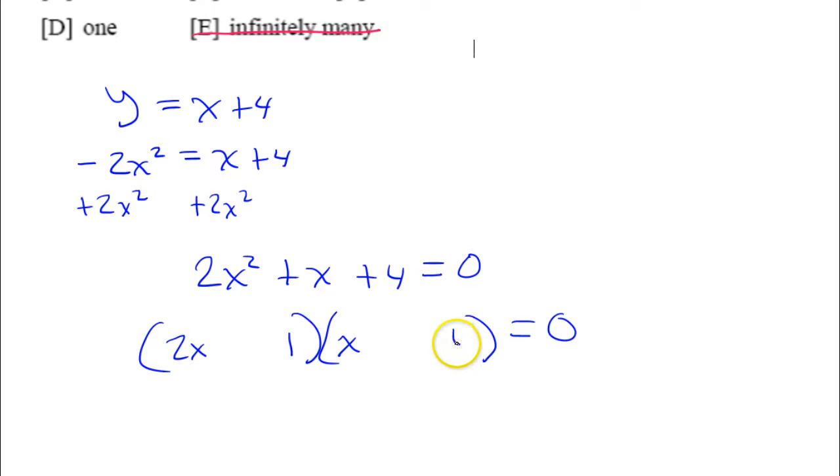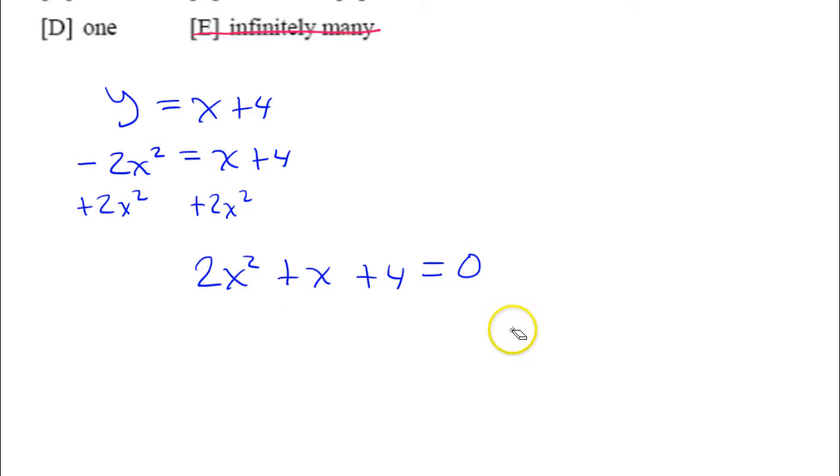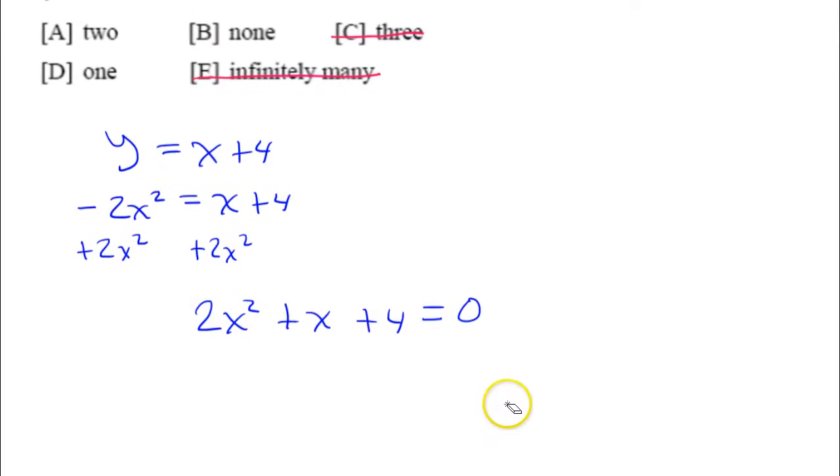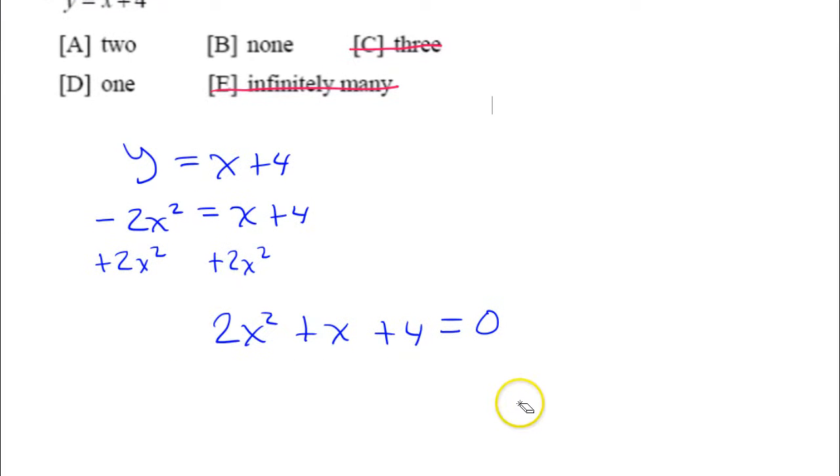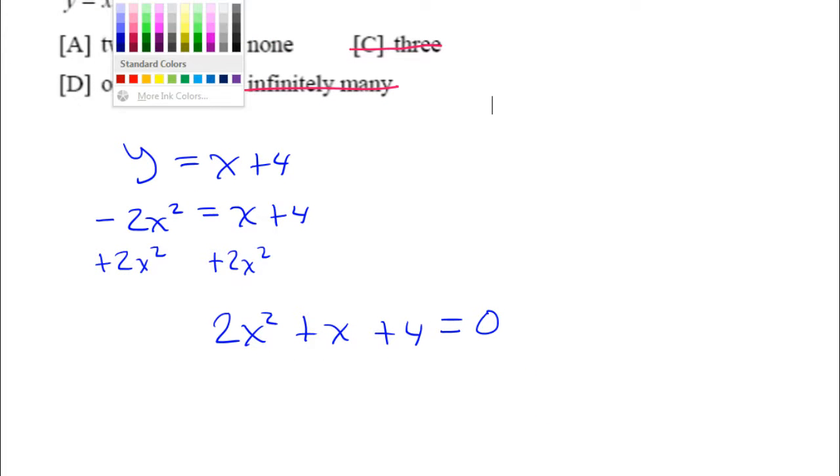So it would have to be 1 and 4, but that would give me inner of 1x and outer of 8x. There's no way I'm going to get 1 out of that. So this is not factorable, which makes me very sad because now I have to do the quadratic formula and the answers are going to be ugly. So that makes me very sad, but I have no choice.